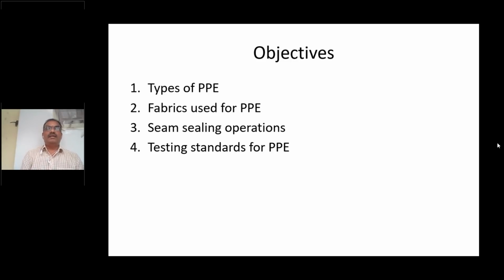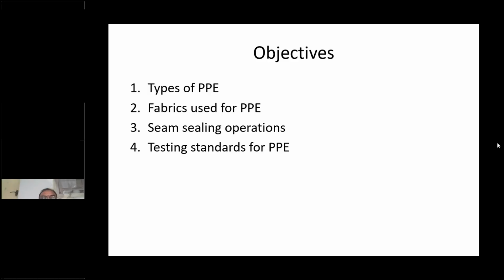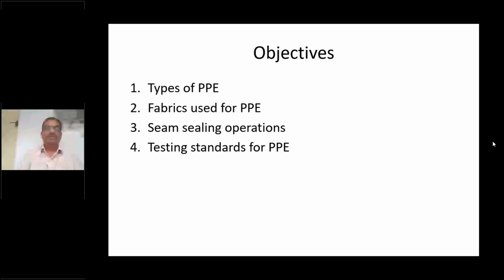Basically, what is PPE and how the different types of PPEs are used for different applications, and more importantly, what are the different fabrics normally used in the PPE segment. That is also a very important area. Then the seam sealing operation, which is an important part of making PPE.